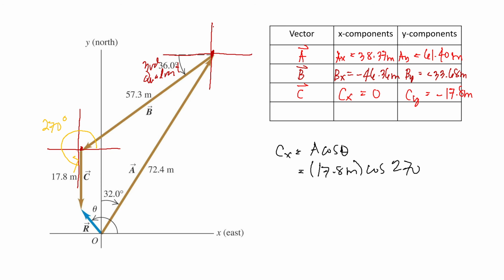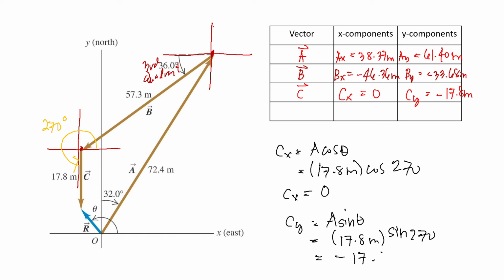So you have your cx is equal to 0. And then your cy is just c sine theta. This is 17.8 meters sine 270. Your sine 270 is negative 1. You have your cy is negative 17.8 meters. But you don't actually need to solve this one anymore because it's obvious.